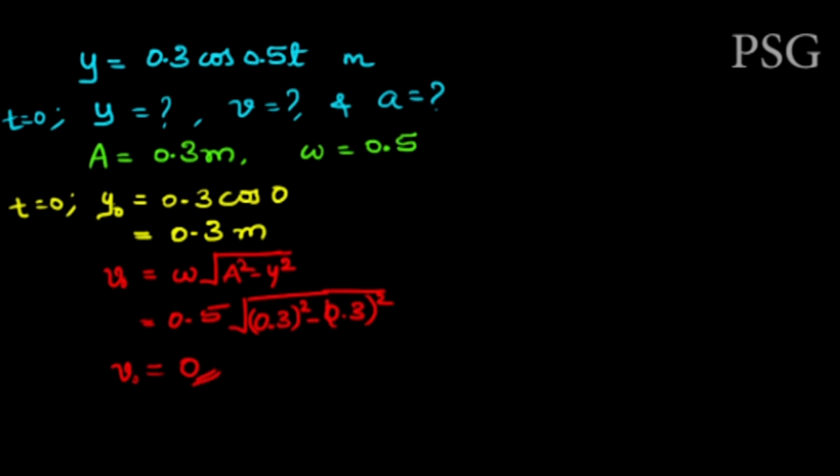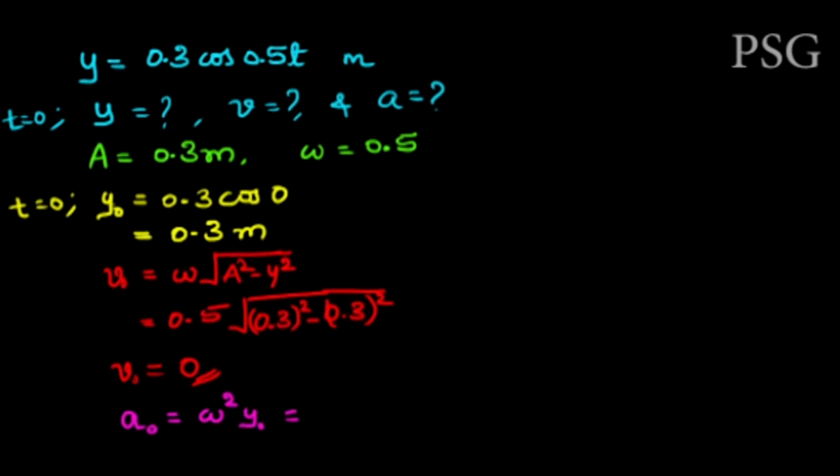The last part is to calculate acceleration. We represent that by a naught, and acceleration is equal to omega squared into its displacement, that is y naught.